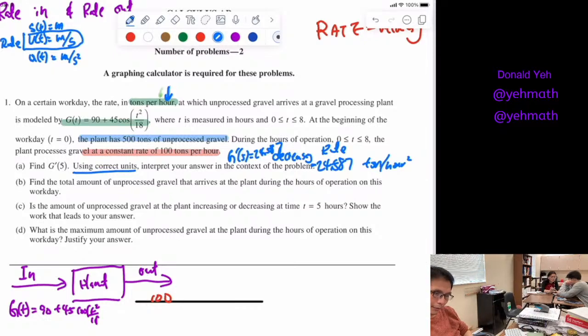So the integral of this is going to be the integral from 0 to 8, and that's what you're supposed to write down, g of t dt. You have to write down this. You cannot just write the answer. You have to say what you do to get that value. So can you guys work it out between 0 to 8, g of t dt?